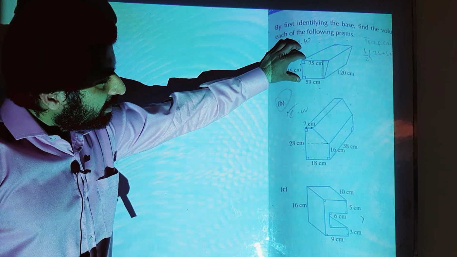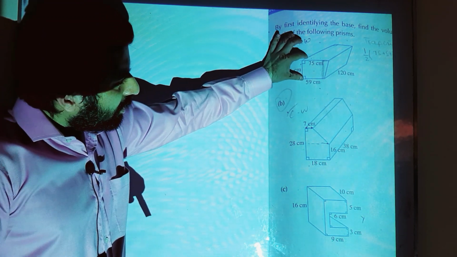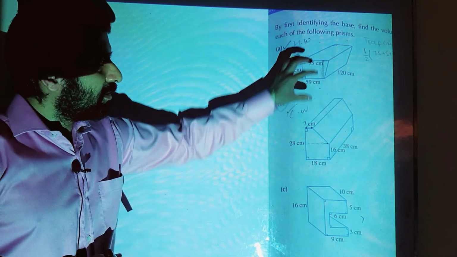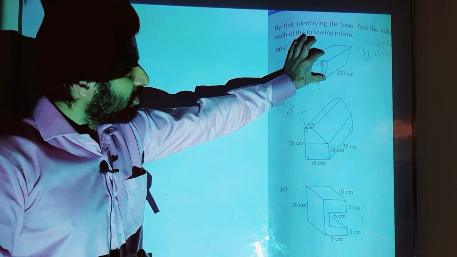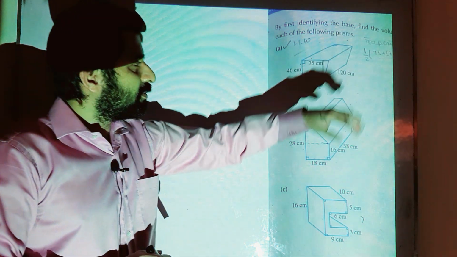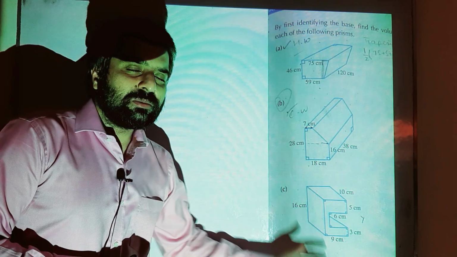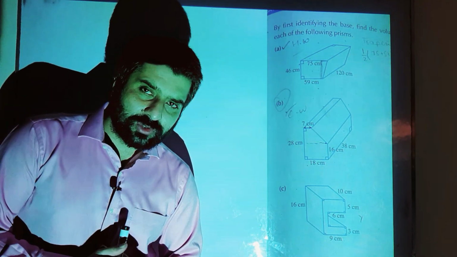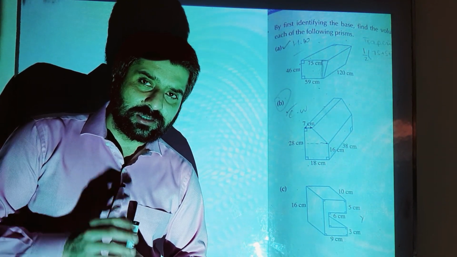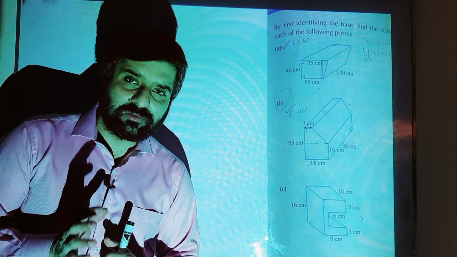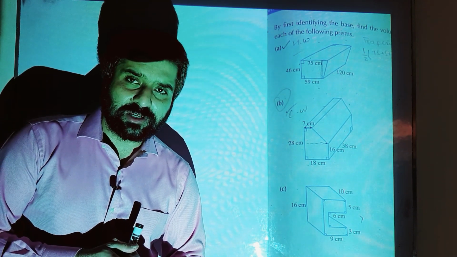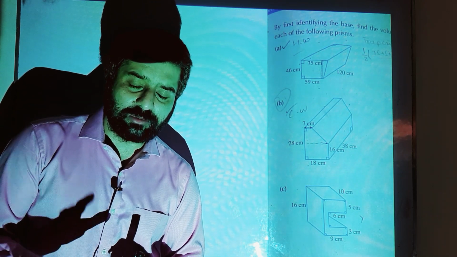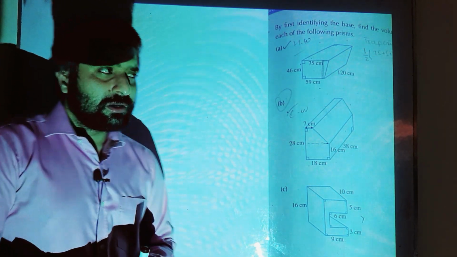Now this one is traveling all along the length of this prism. So the first most important step towards the solution is to identify the base. If you identify the base, you can find the volume as well as the surface area.